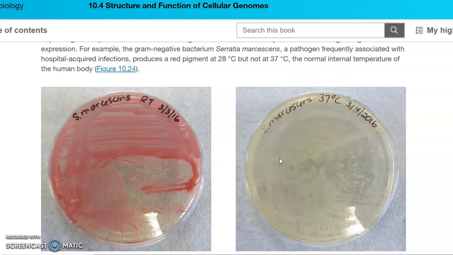This is an example of how its phenotype could change based on environmental conditions, even though its genotype stays the same. At 28 degrees Celsius, the gene that codes for a red pigment is turned on, and so we get the red pigment. But at 37 degrees, that gene is turned off, and we don't get the red pigment.